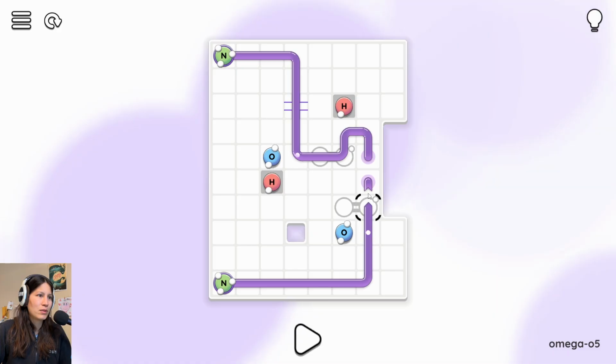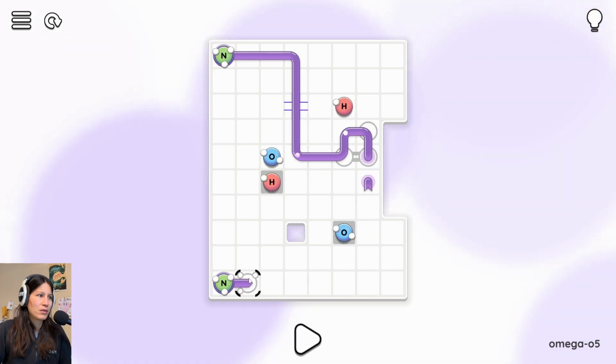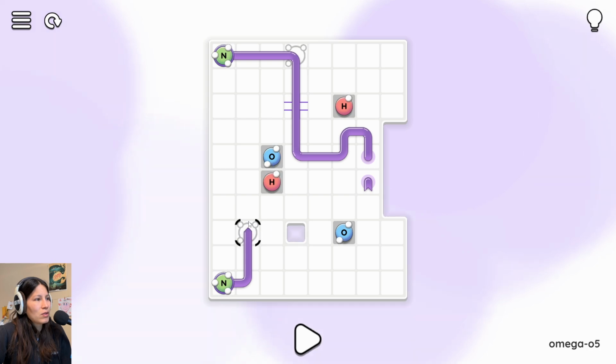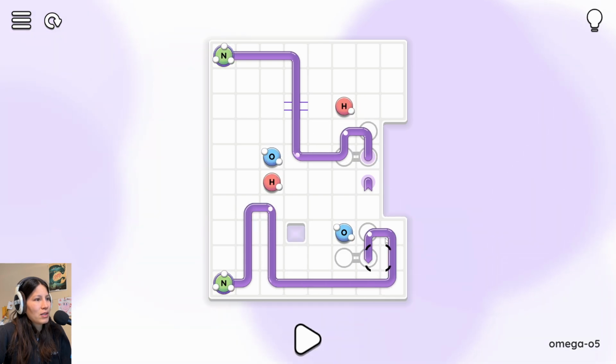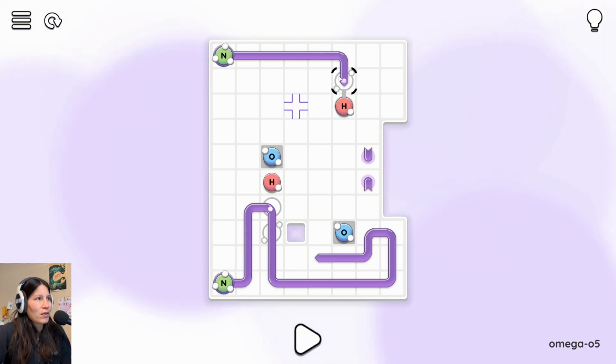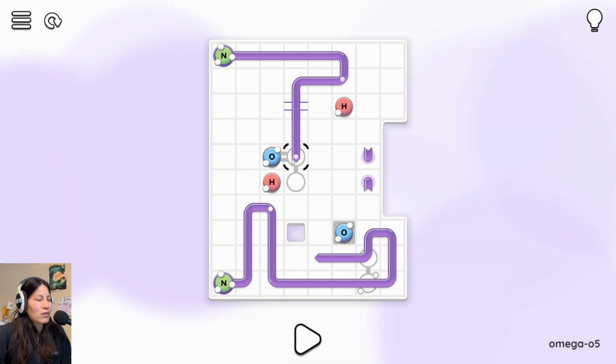Oh. What if I go... This H is hard because it can only be to the left, right? I can't make it. I can make it up. Okay, up. Okay, if I do this one up and to the left, then I want this one down and to the left.